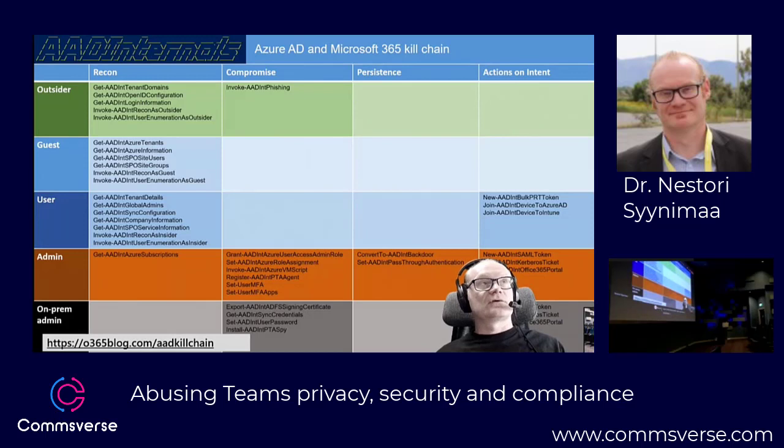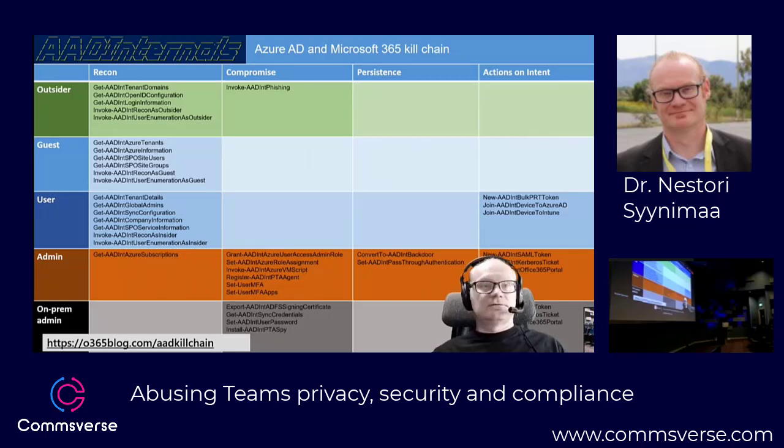Each row here represents a role in how they are related to the Azure AD of the target tenant. For instance, outsider is just anybody outside the tenant, and guest is guest, of course. User is user, admin is admin, and on-prem admin is, for instance, if you are synchronizing your users from on-prem to Azure AD, then there's an on-prem admin role there.